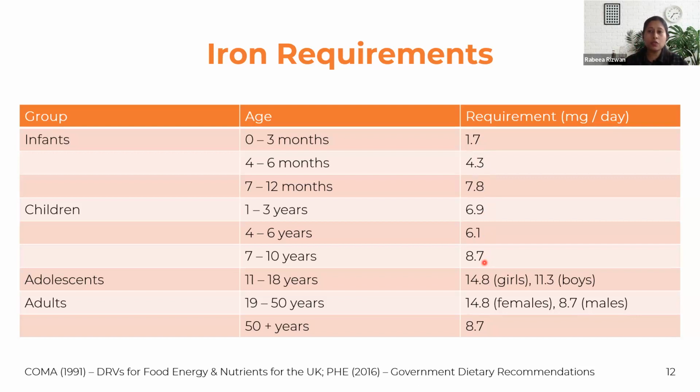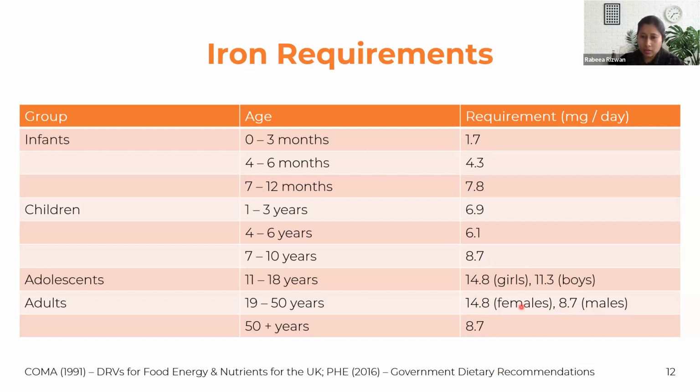For their growth, their height, their body functions, and they have a much higher metabolism. That's why they require more iron than adolescents or others. In adolescents, boys need 11.3, then adults need 8.7 milligrams per day. Then it is stuck. After that, they will not need more than this.